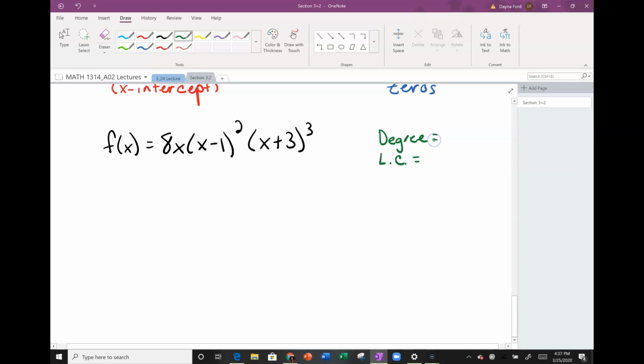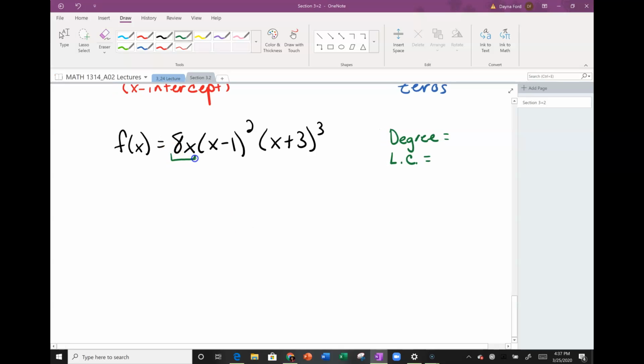So remember, I have three factors here. This first one does have an x, which has an exponent of 1. So I have a 1 plus a 2 plus a 3. So my degree is not 3, it is actually 6.